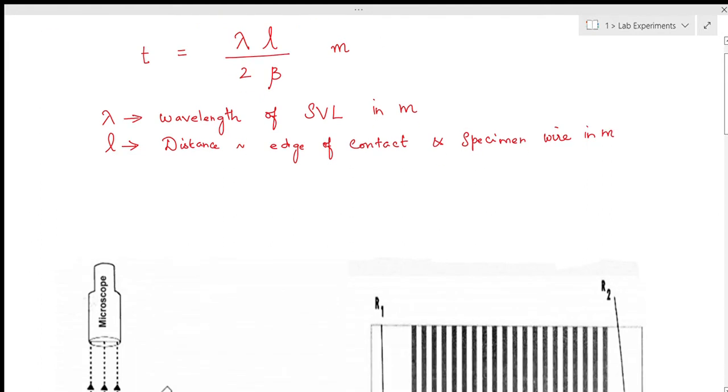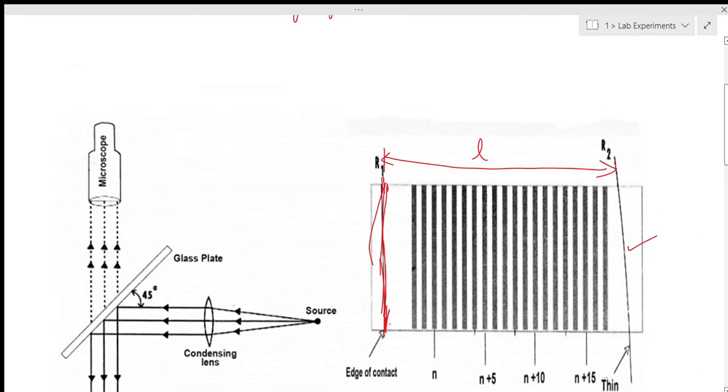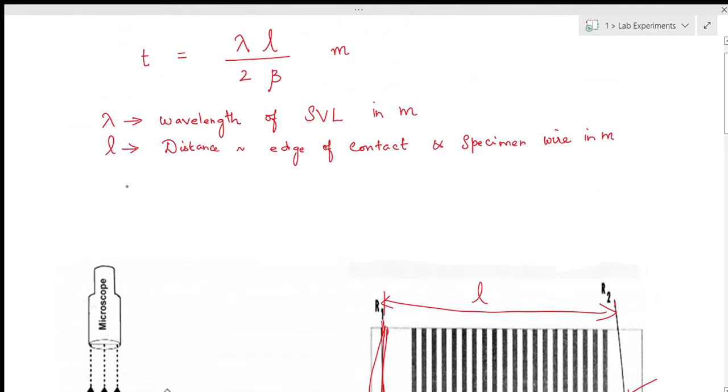That is the length between, this is a glass plate and this is the tied end or the edge of contact. Here I can draw a line. It is called the edge of contact and this is the specimen wire. So in between these two we call this L, the length between the edge of contact and the specimen wire.